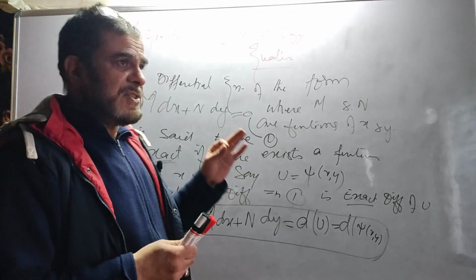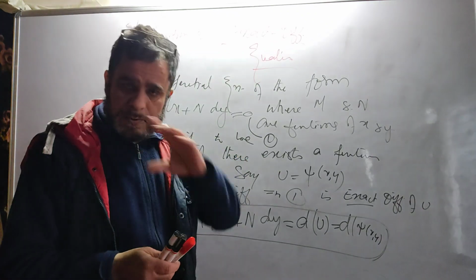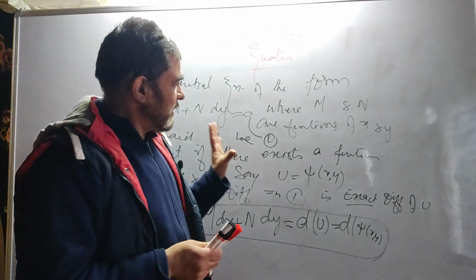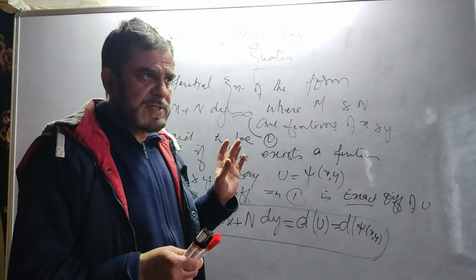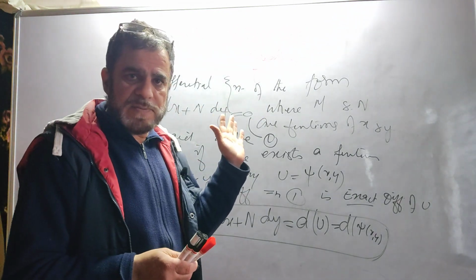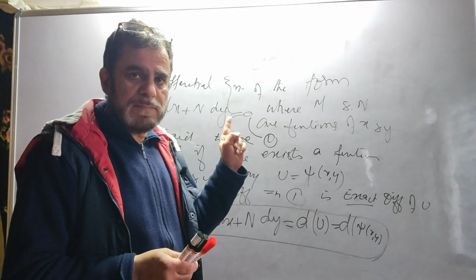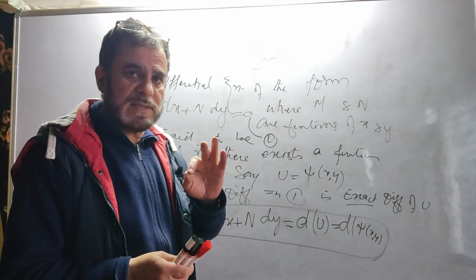I will state and prove that theorem for those students who have the exact differential equation in the syllabus, the UG syllabus, University Grants Commission syllabus, which is scattered over all the universities of India. In UG classes, that theorem forms part of the syllabus, that is, you have to prove that theorem.